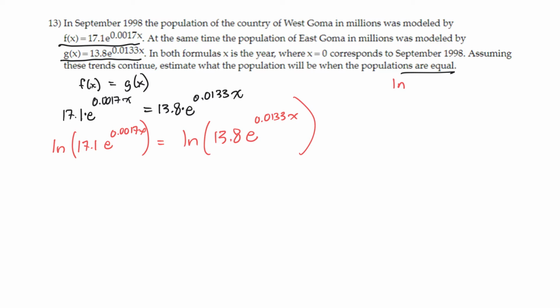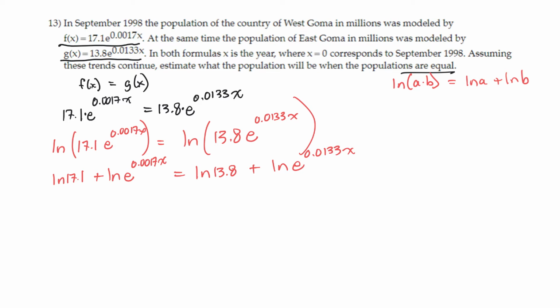Okay, now I'm taking the ln of a product. So the rule is, if I'm taking the ln of, say, a times b, that's the same as ln of a plus ln of b. So I can go ln of 17.1 plus the ln of e to the 0.0017x is equal to, same thing over here, ln of 13.8 plus ln of e to the 0.0133x.